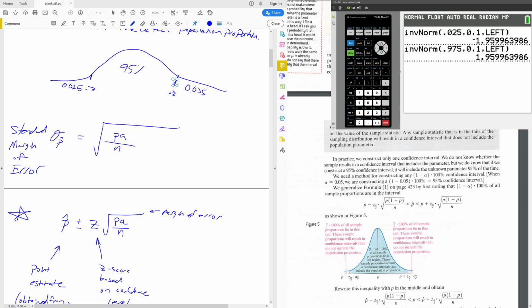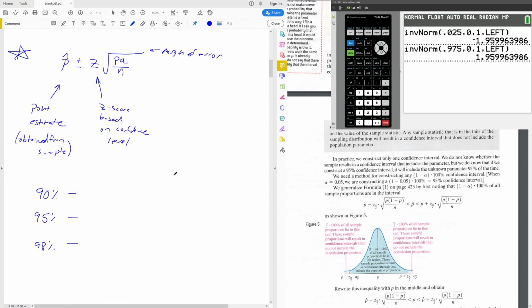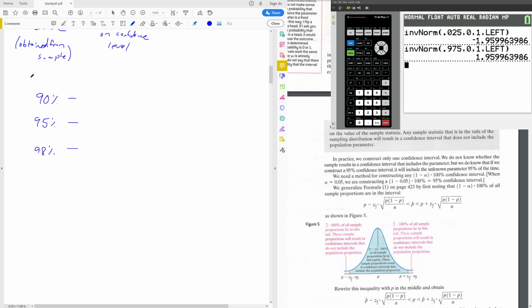And so it doesn't really matter the positive or negative, because in our formula we have a plus and minus sign. So we don't really have to worry about that. So this number is going to be 1.96. So that's for a 95% confidence level. Right? 1.96 would be our z-score we use for 95%.